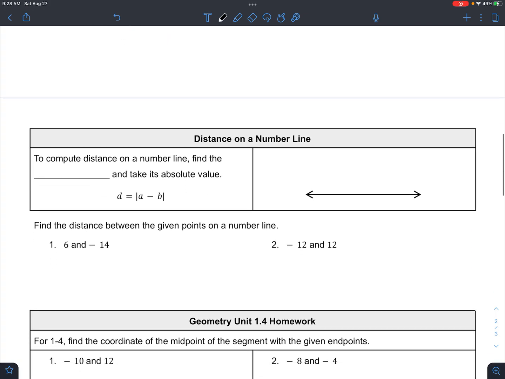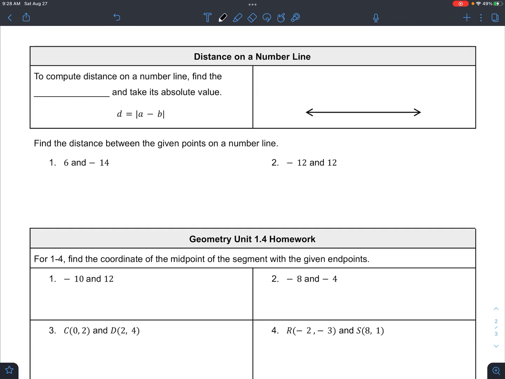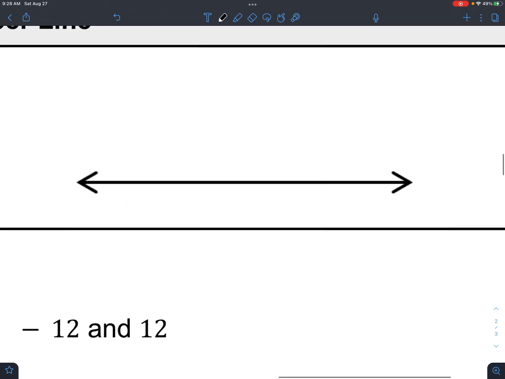So the distance, we actually were kind of doing this before. It's the difference of two numbers. And it's always positive. And this is true all the time in geometry because distance should be a positive value. We can't travel a negative distance. So distance on a number line is pretty straightforward.